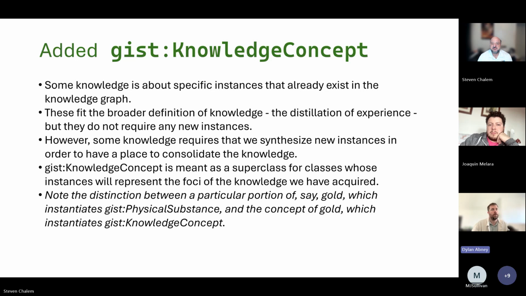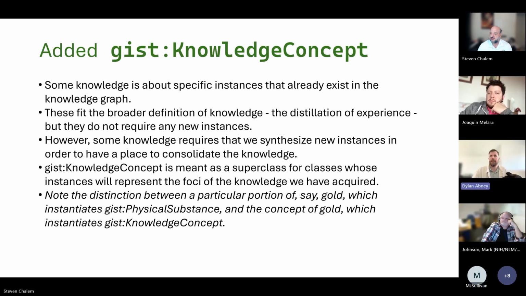Yeah, I think you're right that there are a few different things there. There are the individual instances of what we would call physical substance, like a particular hunk of gold that we can talk about and make assertions about. And then there is the knowledge concept, which, as Stephen pointed out, we can make general claims about, gold in general.